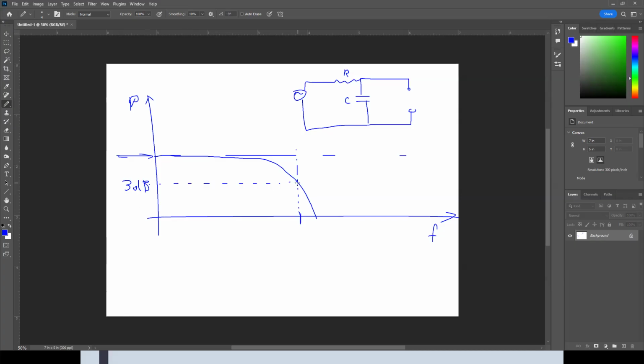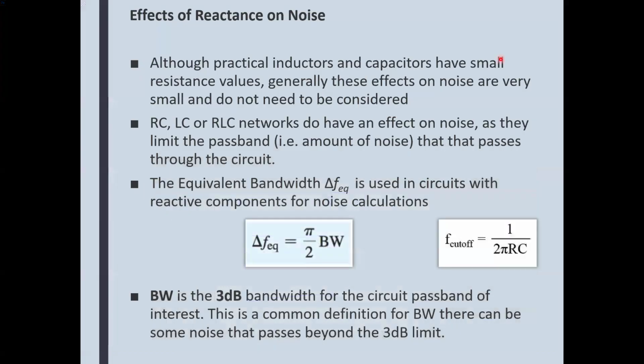At this frequency, the output of the filter is going to be 3 decibels lower. That's the cutoff frequency. And over here, this will be the equivalent bandwidth of that filter. That's all I'll explain here.